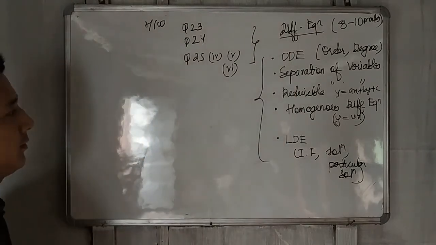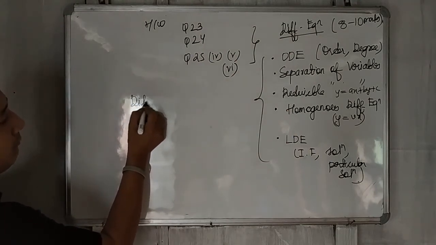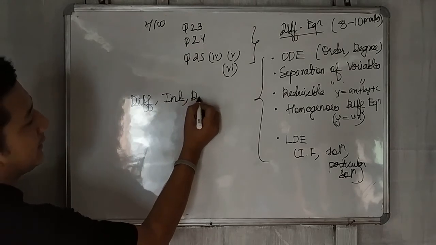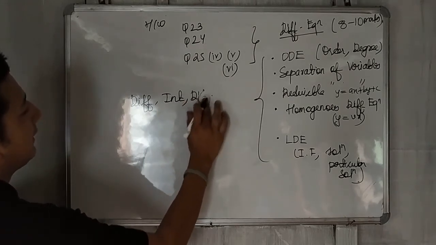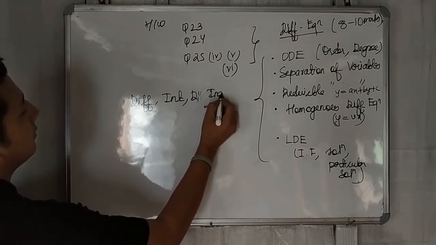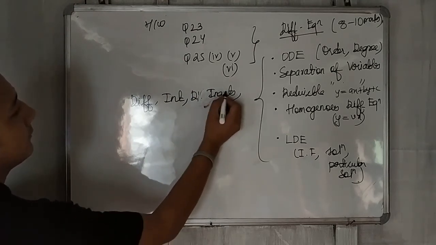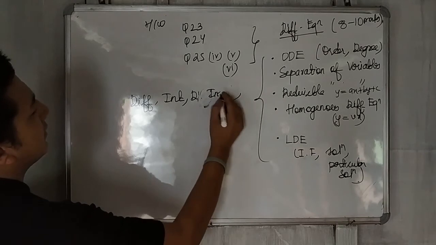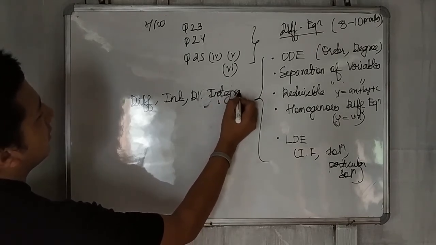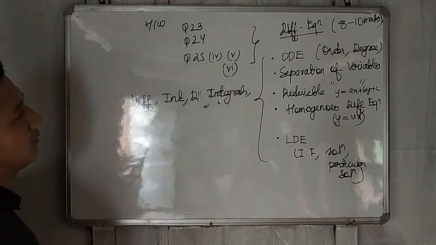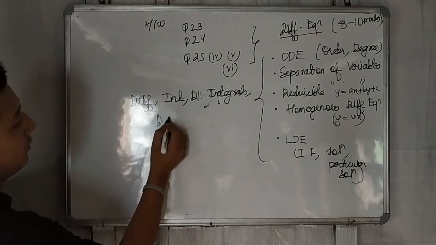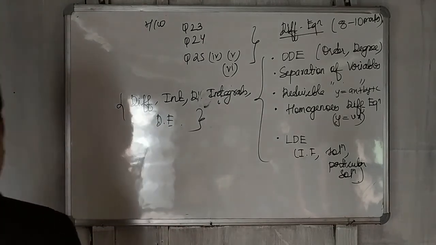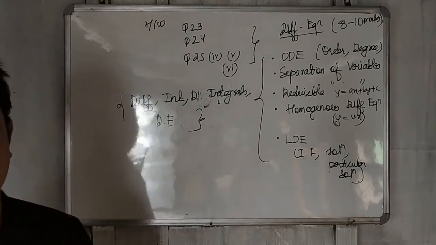We have also done differentiation, we completed integration, and then definite integrals, isn't it? We also completed differential equation. So far we are done with our calculus. A few more topics, if it's there, we will discuss.